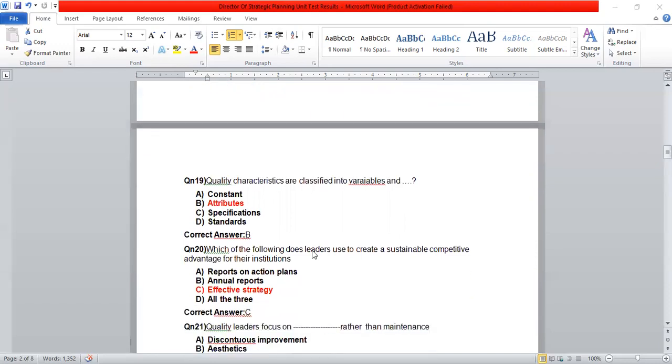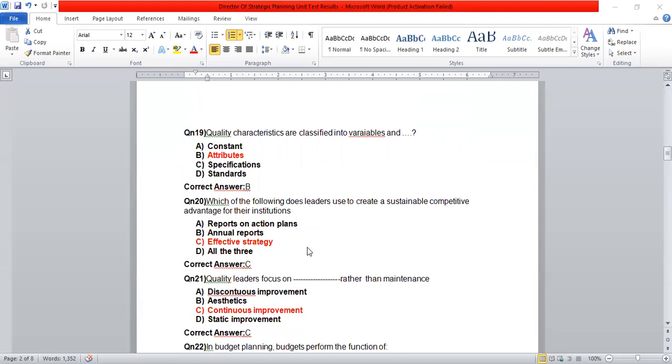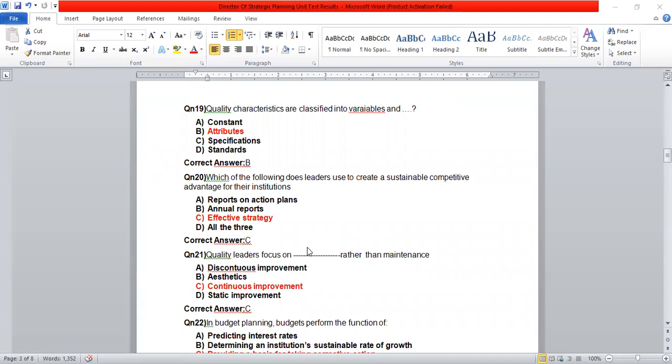Question 20. Which of the following does a leader use to create a sustainable competitive advantage for their institution? It is effective strategy. Question 21. Quality leaders focus on improvement rather than maintenance.